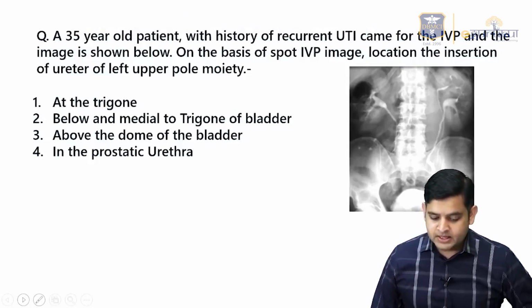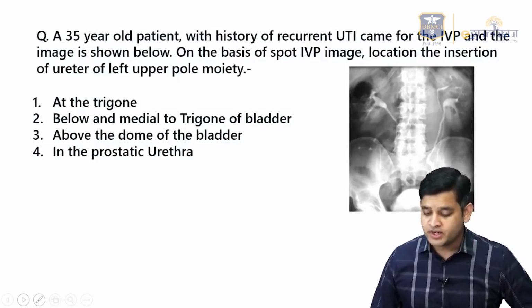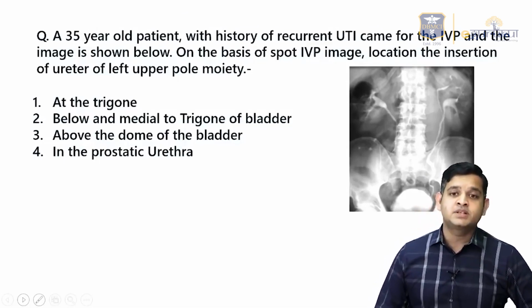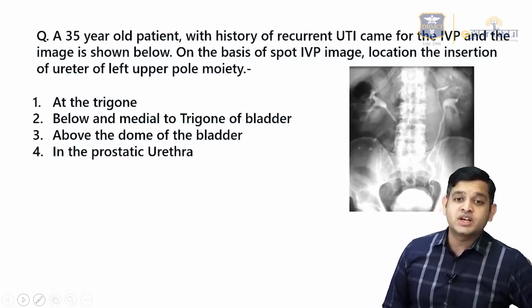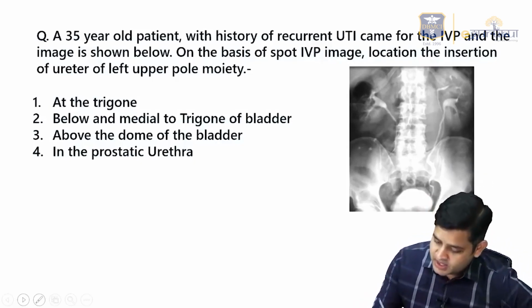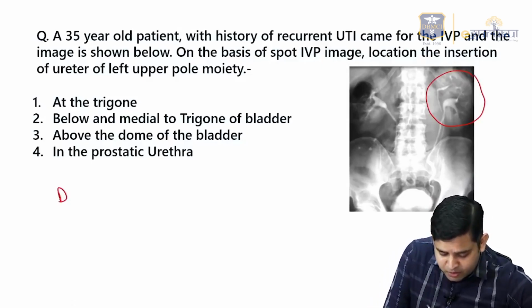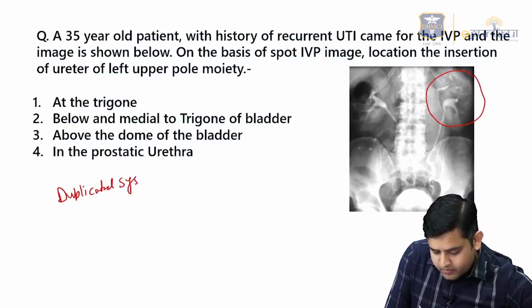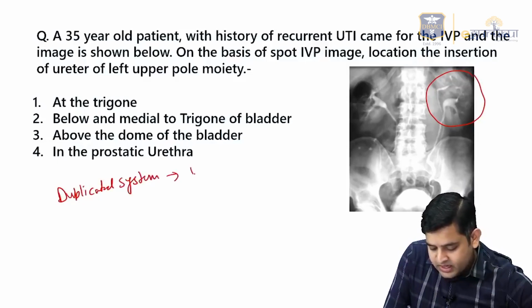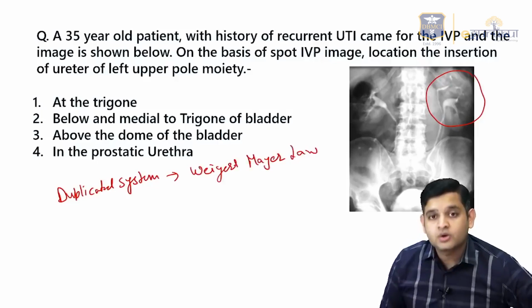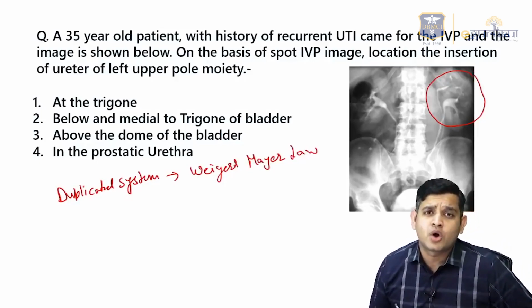Alright. A 35-year-old patient with a history of recurrent UTI came for the IVP, and the image is shown below. Now what do you see in the image? Now this is an IVP image, and you could see that there is a duplicated system. Now we know that in a duplicated system, there is a law that is called the Weigert-Meyer law.